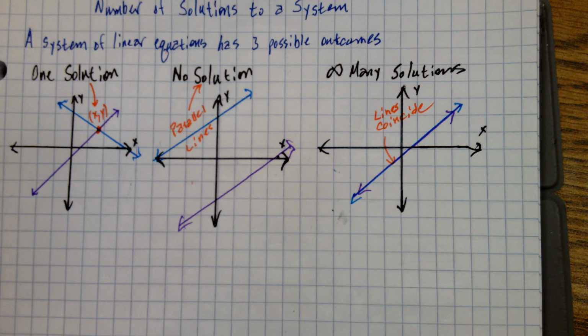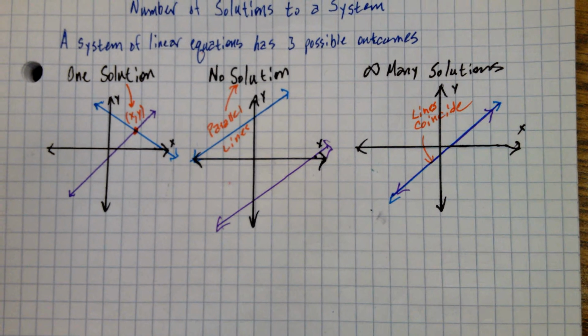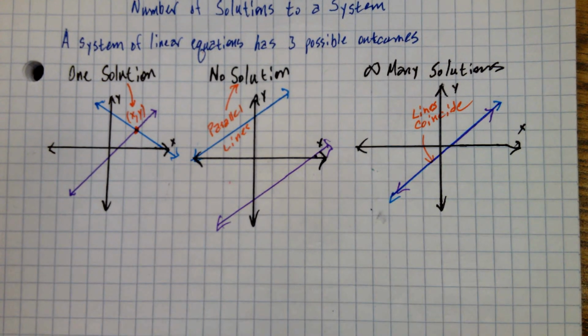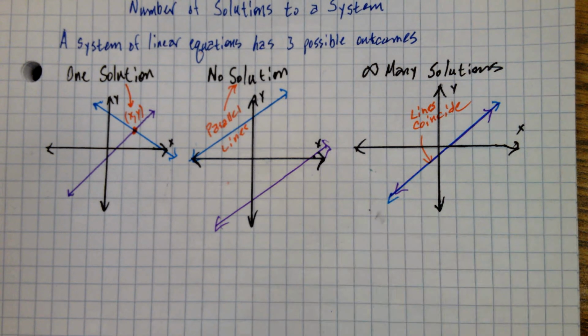We want to just get to a certain point and say, okay, we are going to get a solution. Because today we're not going to care what the solution is, just whether it will be one, none, or infinitely many. Okay, so that's what we're going to work on today, determining algebraically when we have one of these three possibilities. Okay, let's get to it.